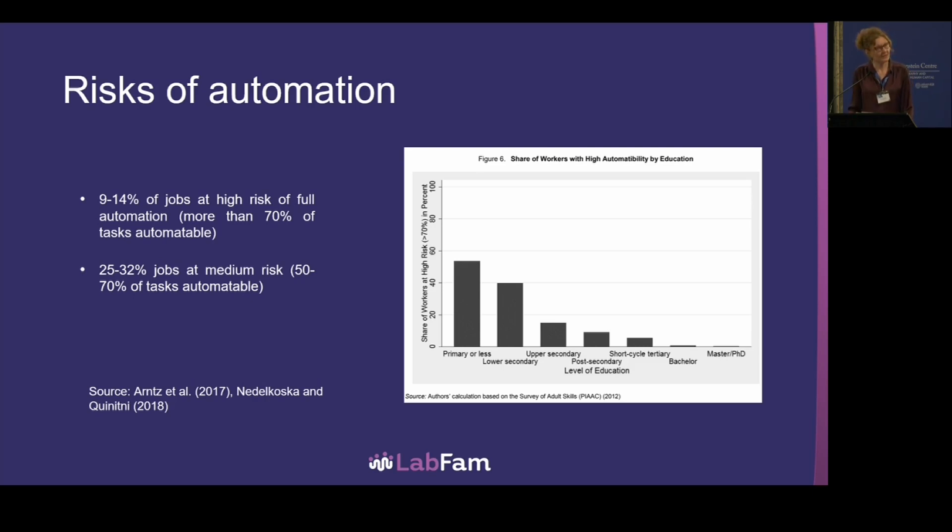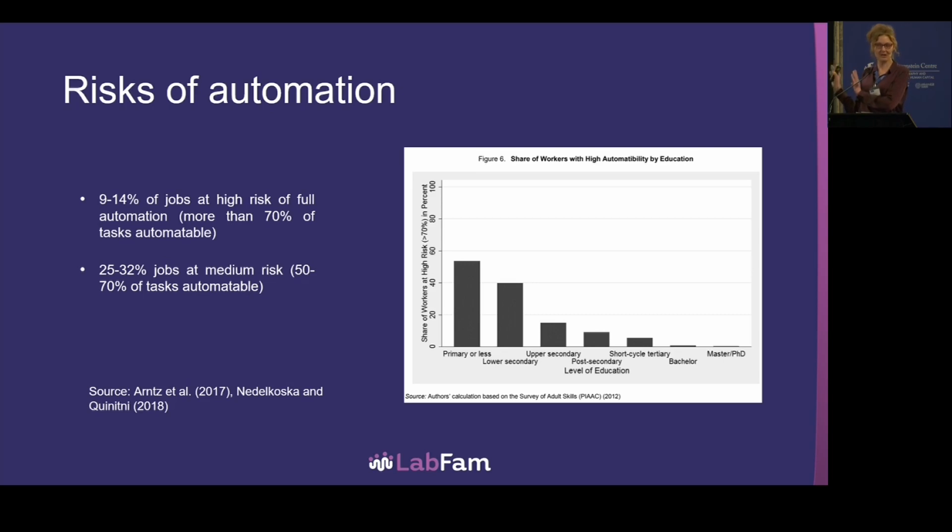But what is important to say here is that these numbers are not equally distributed among workers. Some jobs conducted largely by low and medium educated workers get destroyed far more than the jobs conducted by the highly educated workers, which so far have not been affected. Maybe with the development of artificial intelligence, they will be.